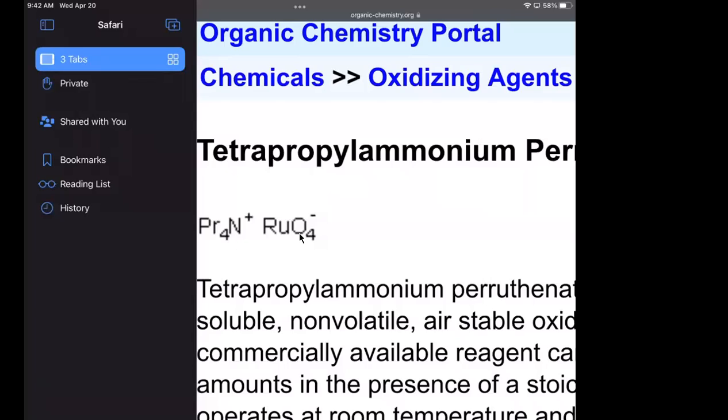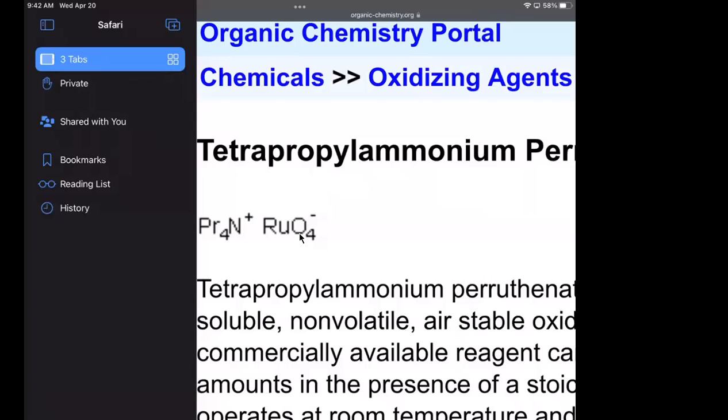That is an excellent oxidant for secondary alcohols. So it's TPAP and then NMO, because one of the oxygens ends up getting transferred, so you have to reoxidize ruthenium. That's what the NMO is for. If I'm not mistaken, it's an electron donor to get that ruthenium back to its original oxidation state.